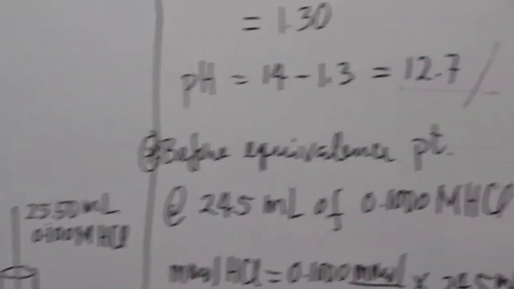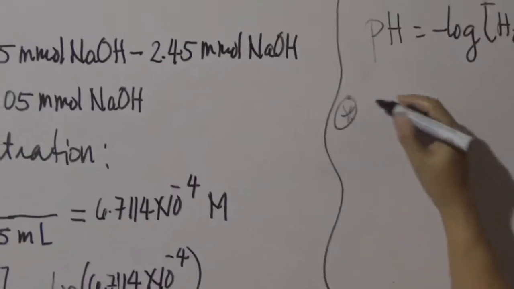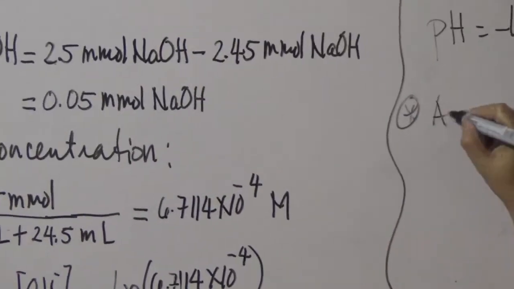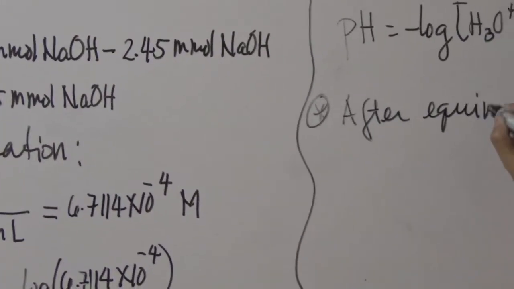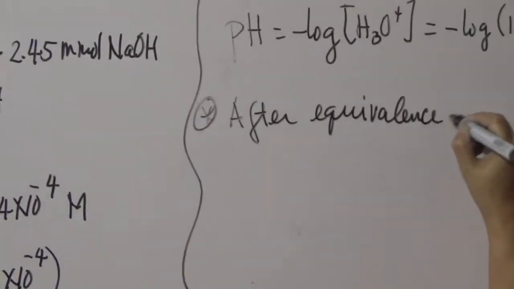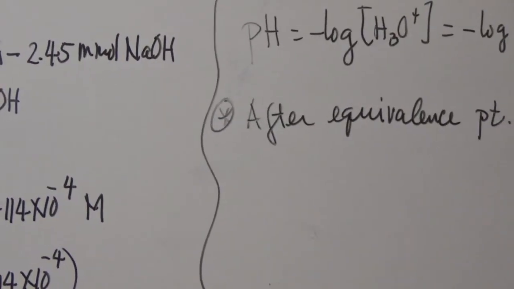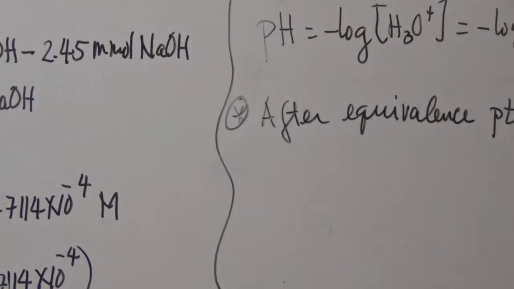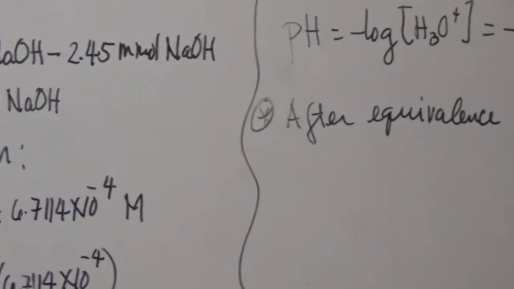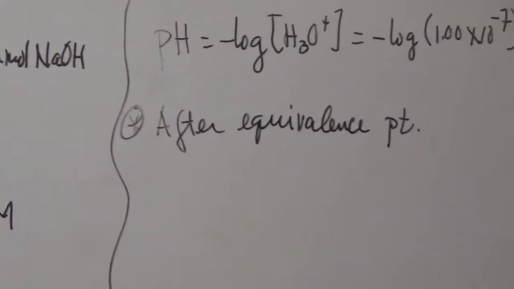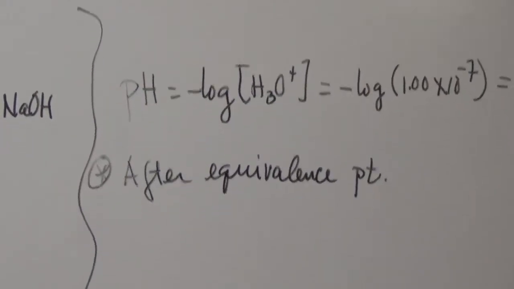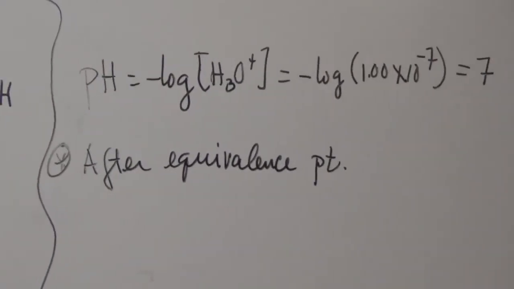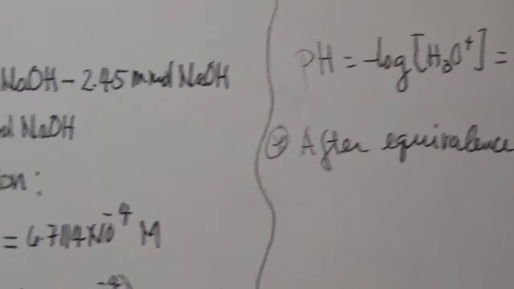So this is now the point that is after equivalence point. So after equivalence point, what is in excess? Since no more sodium hydroxide, all has been reacted with hydrochloric acid, after equivalence point, what is in excess is the hydrochloric acid.